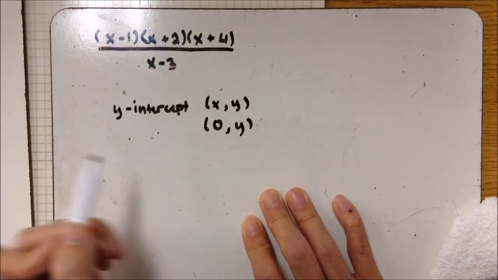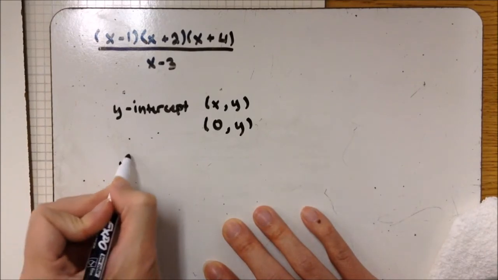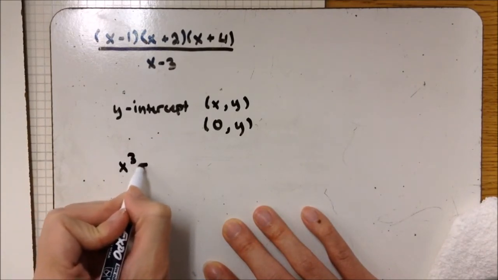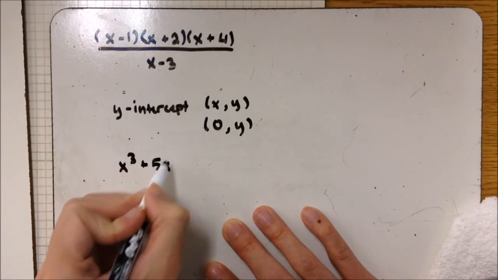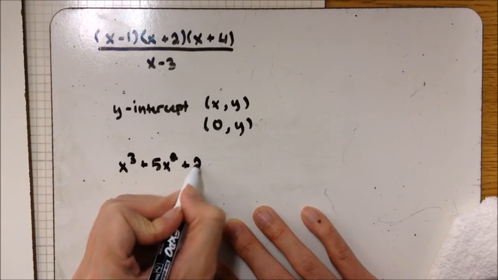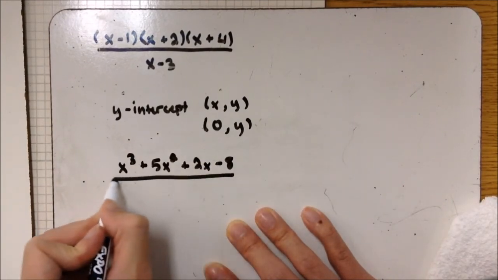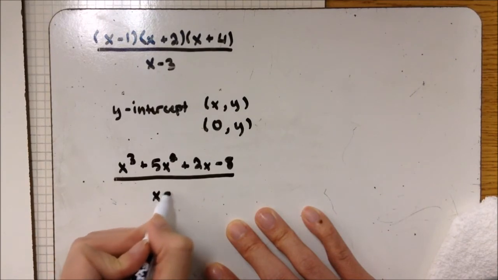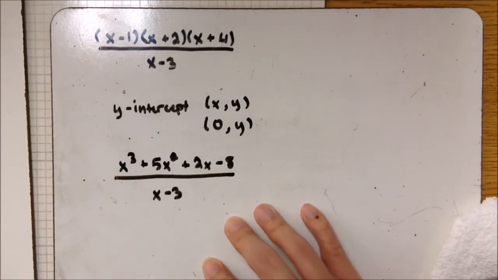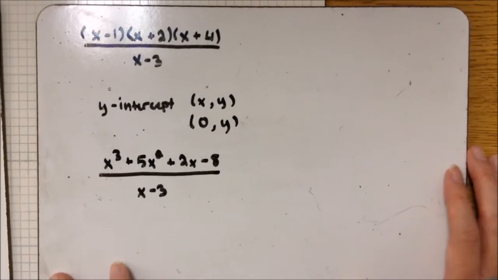Now in the original function, it's x to the third plus 5x squared plus 2x minus 8, over x minus 3. All we're doing is plugging 0 into x, again for the y-intercept.